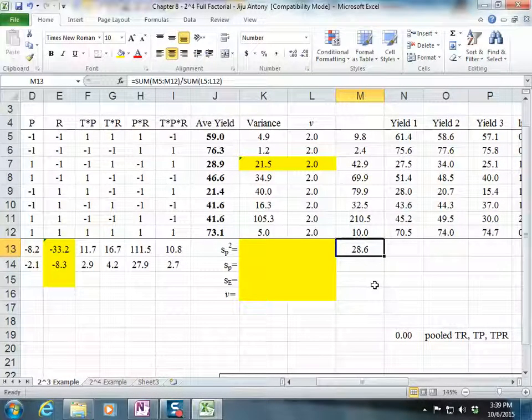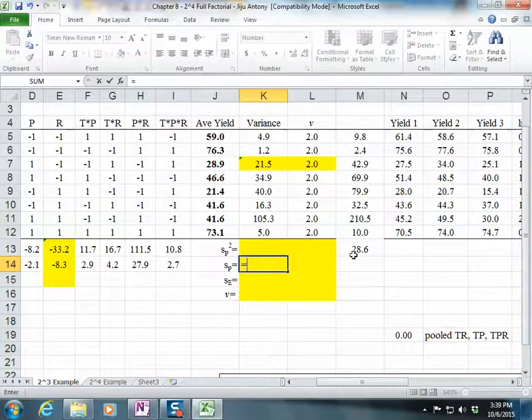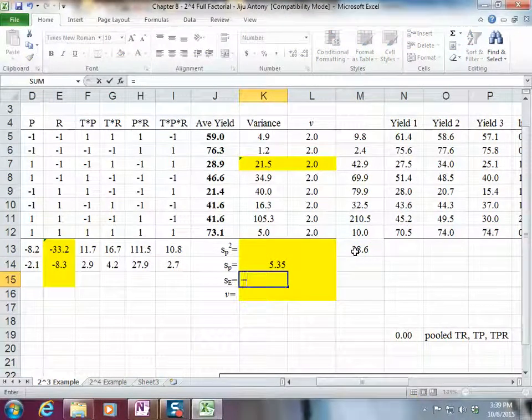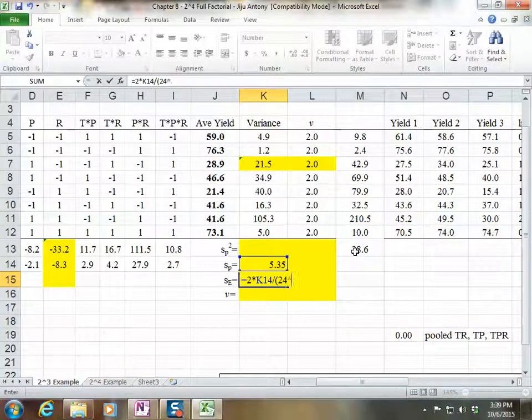Did you guys get that? The square root of that is that. Then we have 2 times SP divided by the square root of 24.